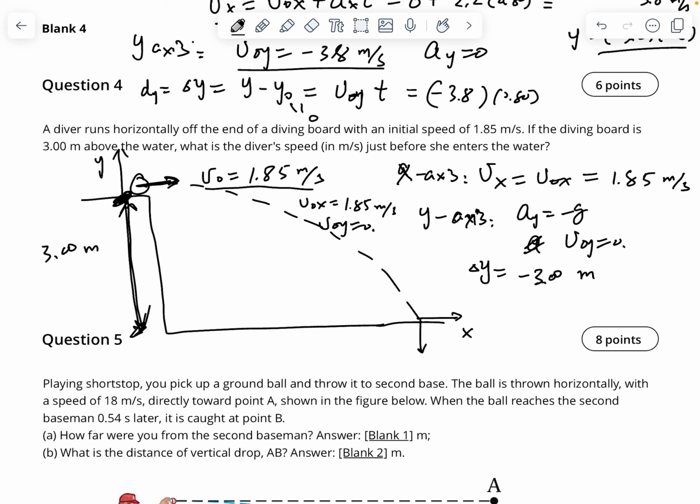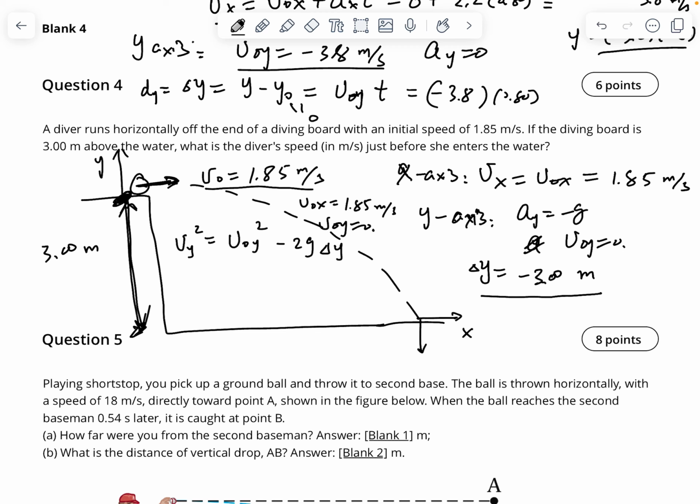We have to know what your velocity in the y-axis is when you reach this displacement. There are a couple of equations we can use, and we will use this one. If you have a motion with constant acceleration, then Vy squared equals V naught y squared minus 2g delta y.